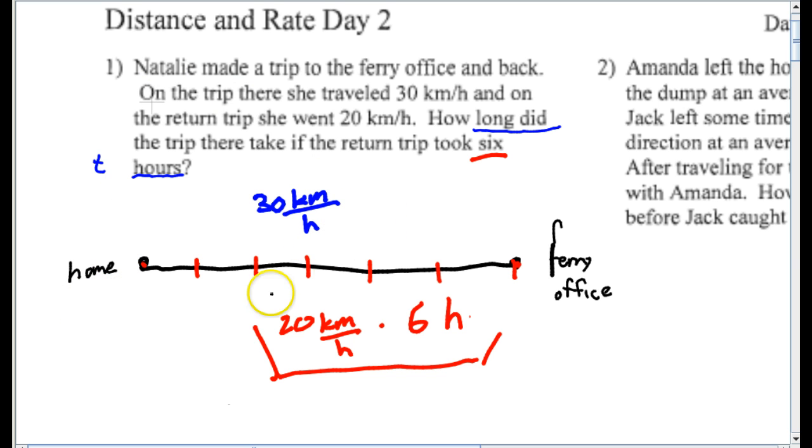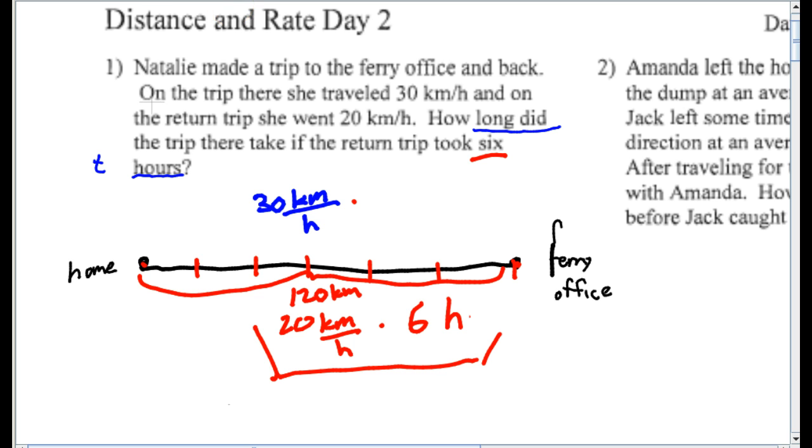well, okay, I need to go 120 kilometers, and I'm going 30 kilometers per hour. How many hours would it take? So this whole distance now is 120 kilometers. How far?